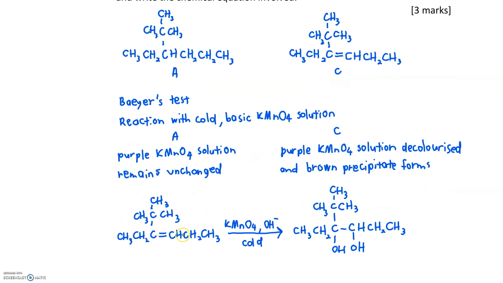Compound C will react with potassium permanganate solution, basic, OH minus, without the presence of heat, to form a diol, where each of the carbon atoms of the carbon-carbon double bond receives an OH group, and it also forms MnO2, which is the brown precipitate in the observation.